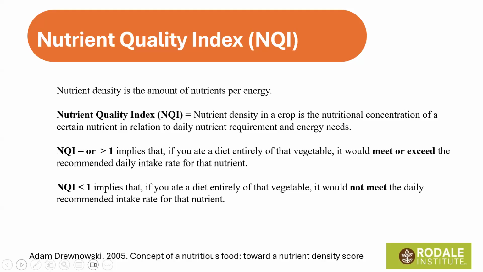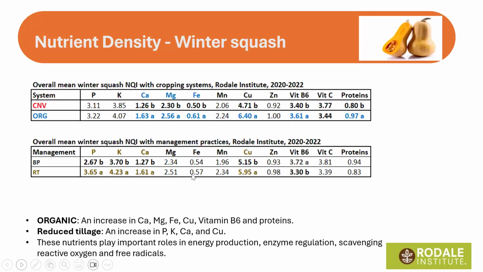So I'm going to go into the results now, and here is the winter squash. This is the overall mean nutrient quality index according to the cropping systems, over 3 years of data.